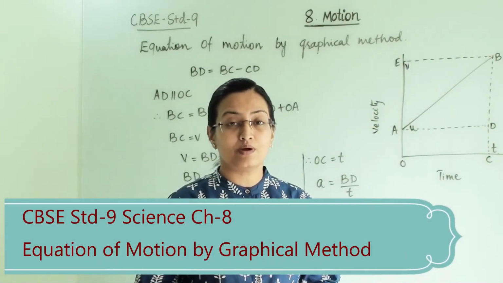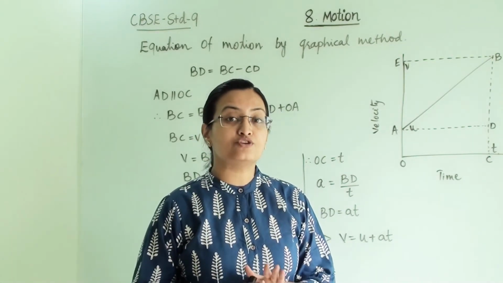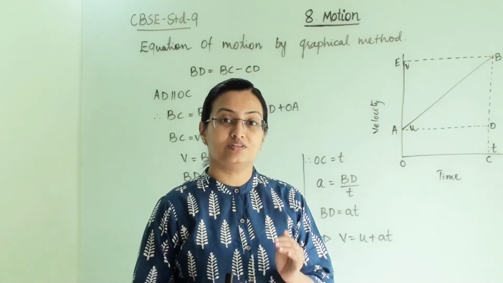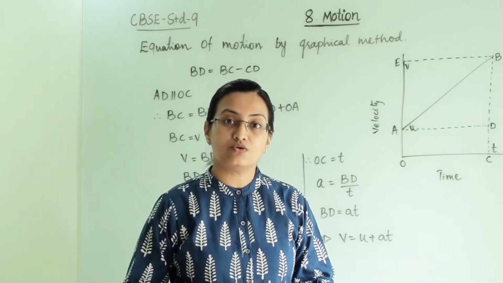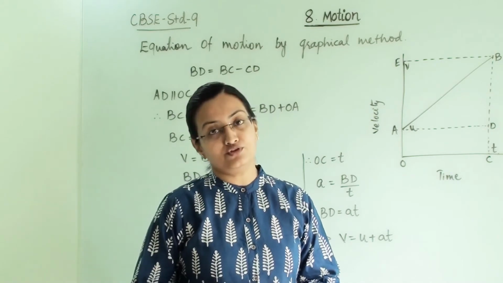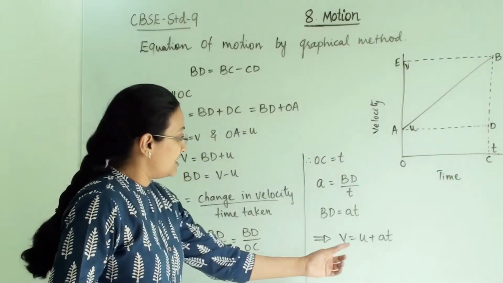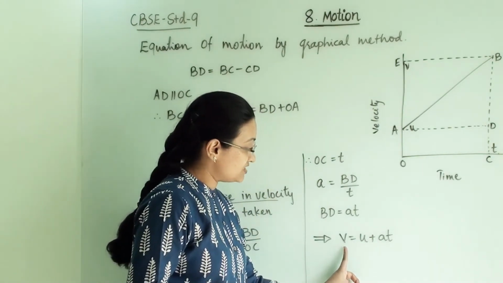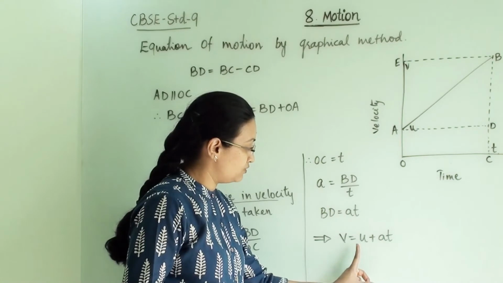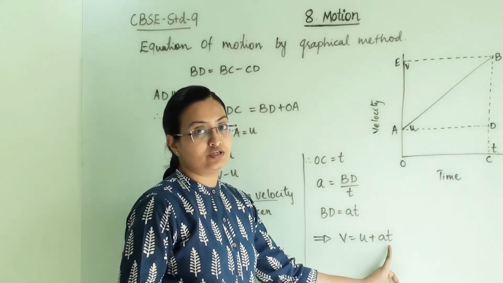Equations of motion by graphical method. Via the graphical method we are going to prove the equations of motion. After this we are going to use these equations to solve numericals. So let us first see the equation that we are going to prove: final velocity equals initial velocity plus acceleration into t.